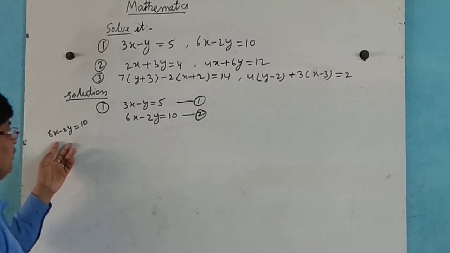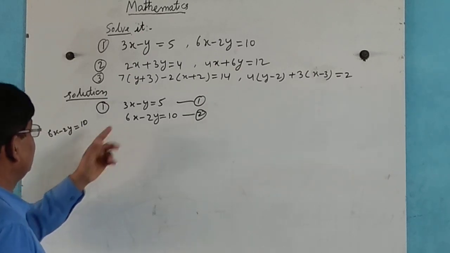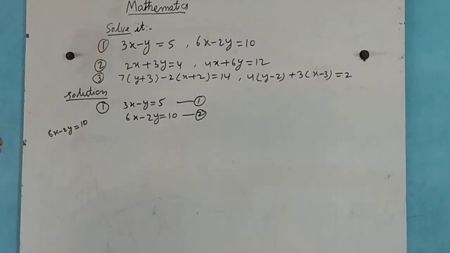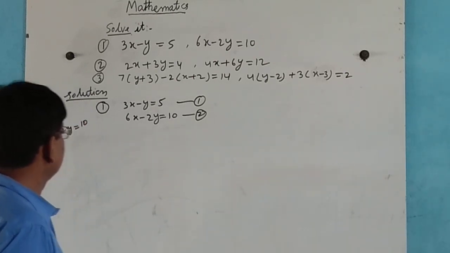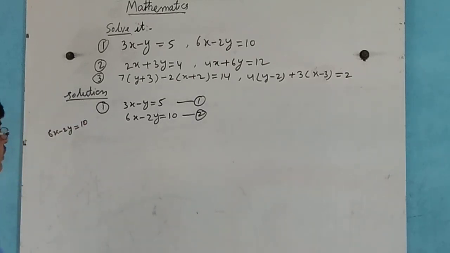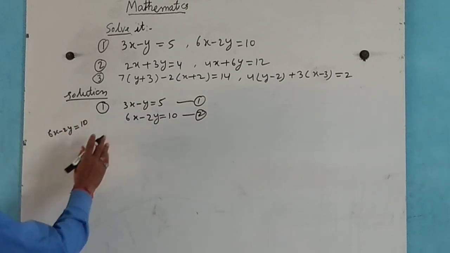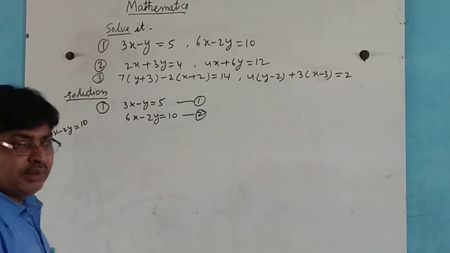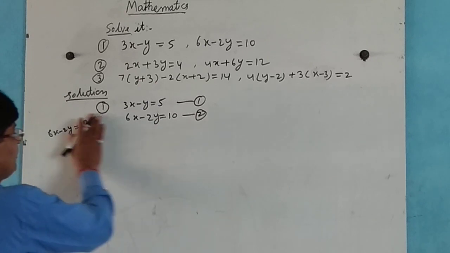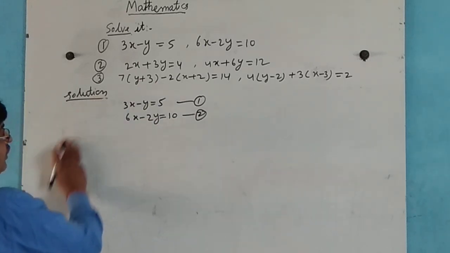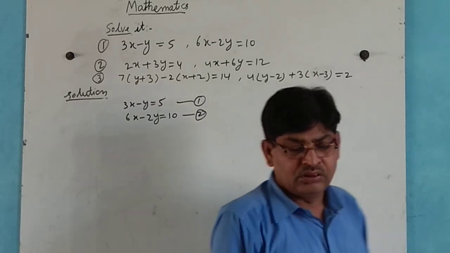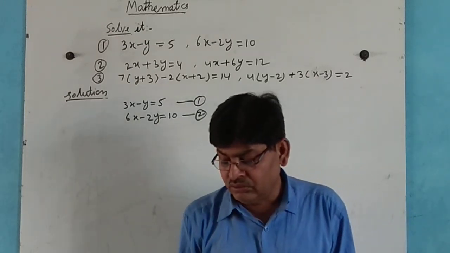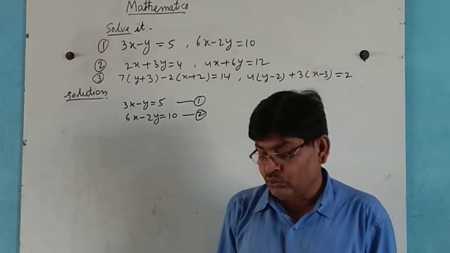If this is 10, then we solve it, but here we solve it. First of all, we check whether these equations have a unique solution, infinite solutions, or no solution.